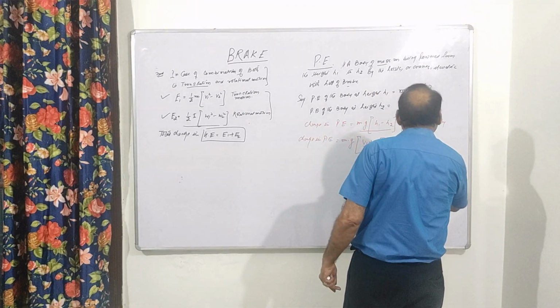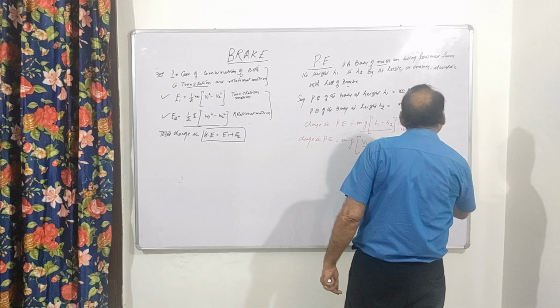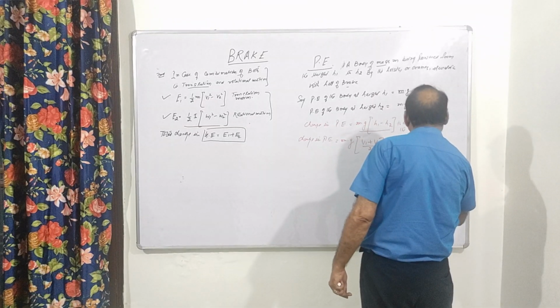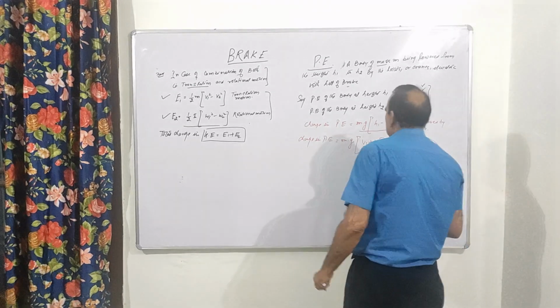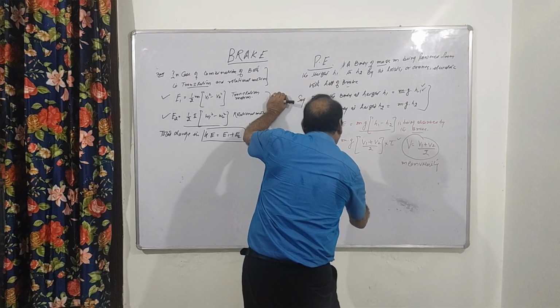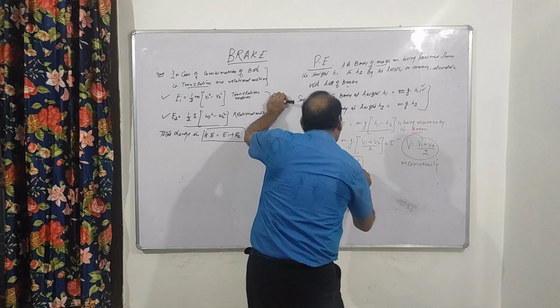Therefore V is equal to V1 plus V2 by 2. This is your mean velocity. So hence we can write it like this: this is equal to m into g into v into t, right? So this is the potential energy.